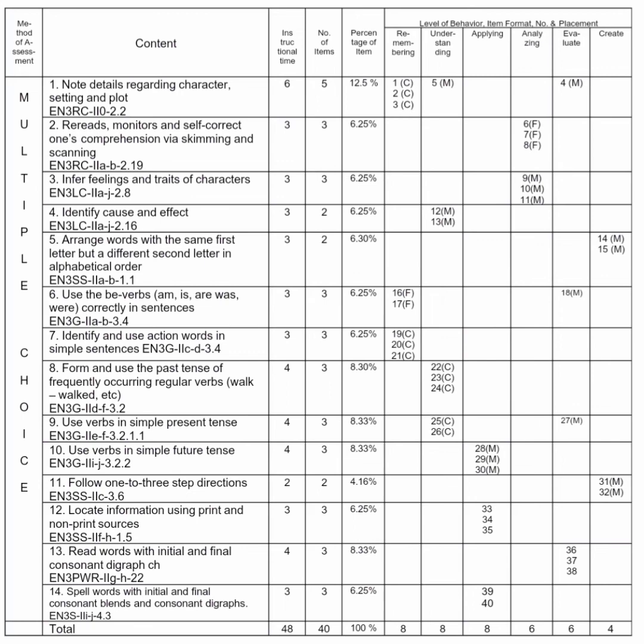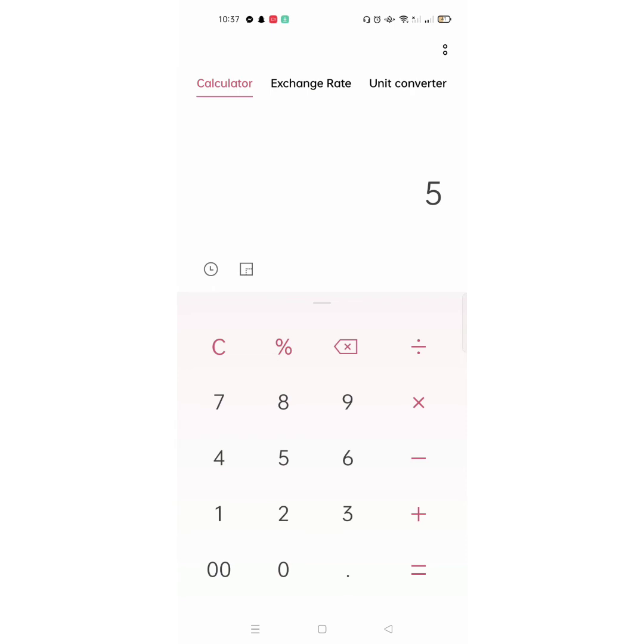The next step is to know the percentage of the items for each content. In order to do this, you need to divide the total number of items for each content by the total number of items, which is 40 in this example, then multiply by 100. So for example, in content number 1, the total items is 5. We need to divide it by the total number of items, which is 40.